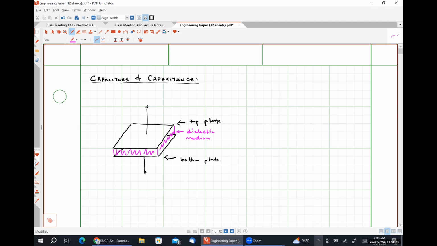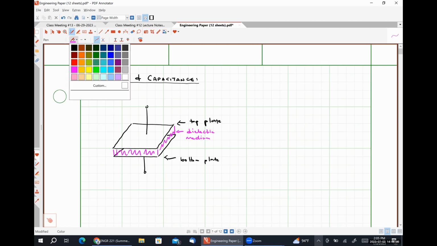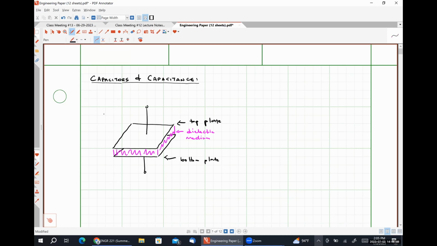Okay, so imagine, if you will, that we applied some voltage V of t across the plates of our capacitor. And this voltage is going to be slowly increasing, right?